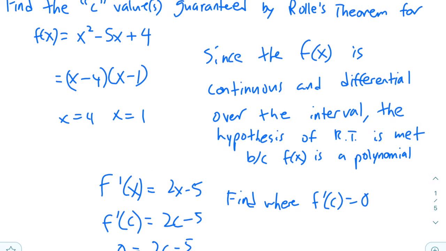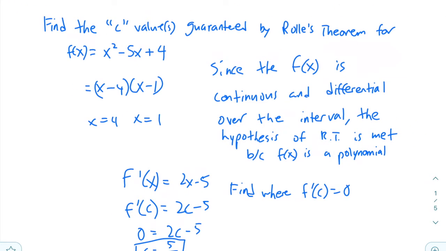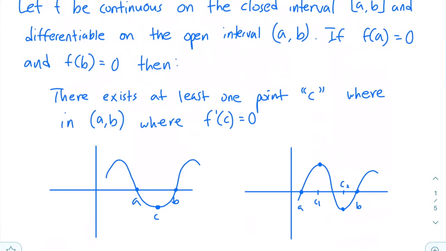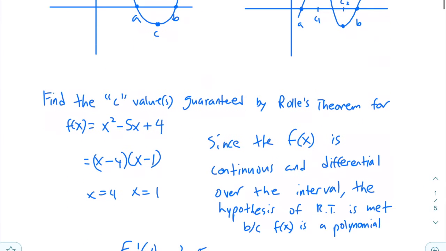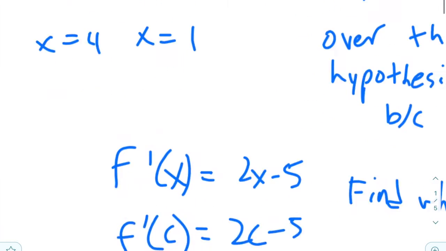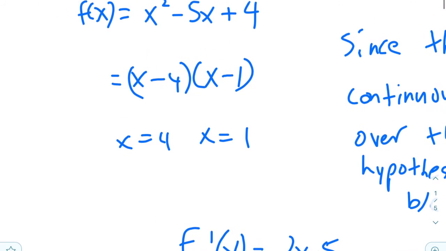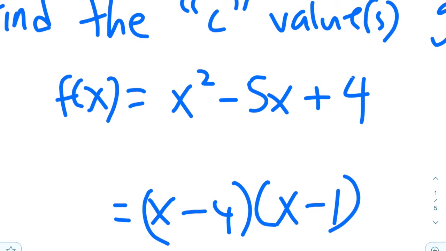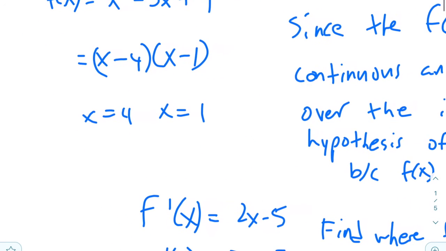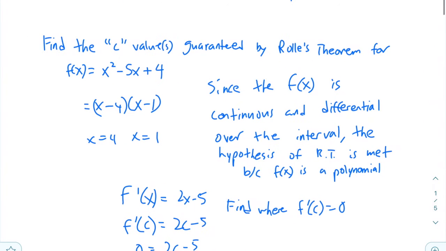So now we can actually solve for c. How do we do that? Well, we know that the derivative at c is going to be equal to 0. So let's take the derivative of the function. F prime of x, using the power rule, is 2x minus 5. Now that we have the derivative, we can plug in c.